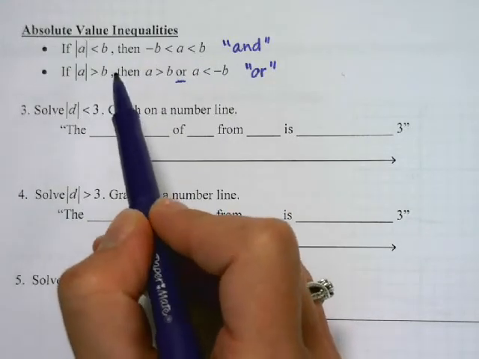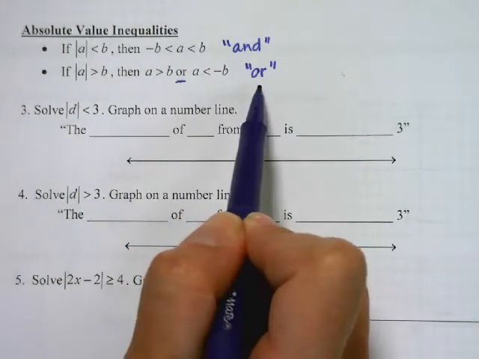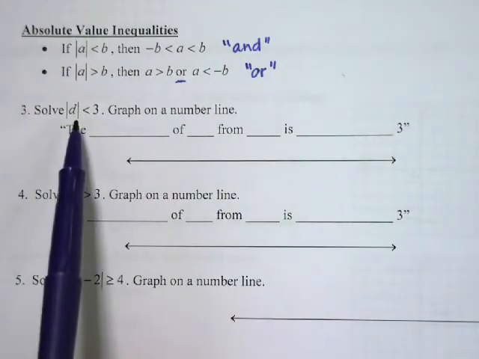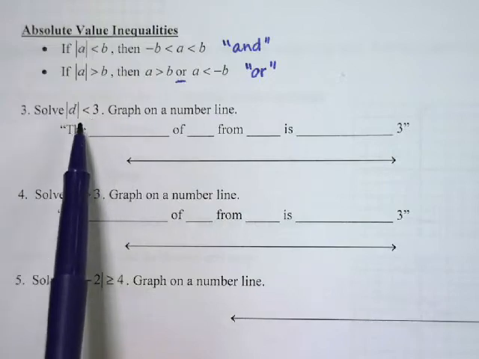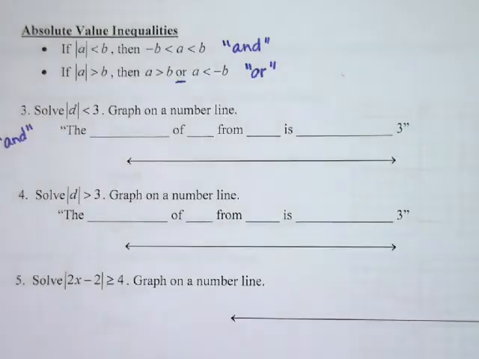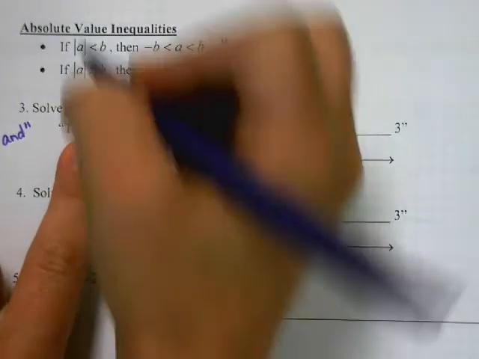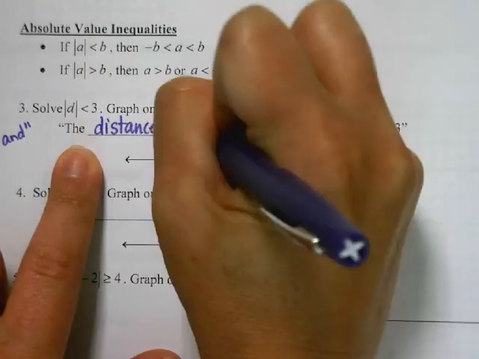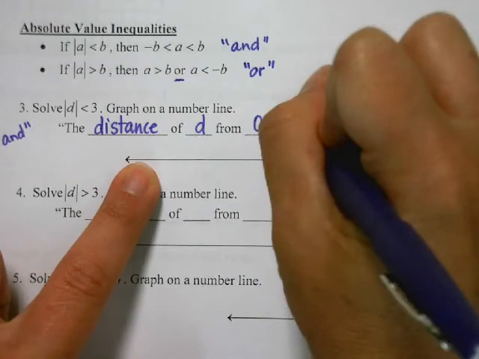If I have an absolute value and I'm going a distance greater than B, then I end up with an or. Okay, let me show you how that works with some pictures. So this guy right here, he's a less than. So when we graph this guy, we should see an and. All right, so it says the distance of D from 0 is less than 3 units.